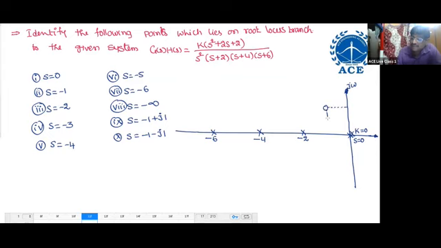And the zeros: -1 plus j1 and -1 minus j1.